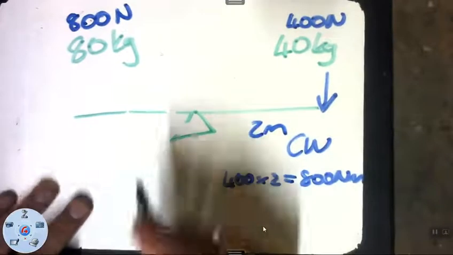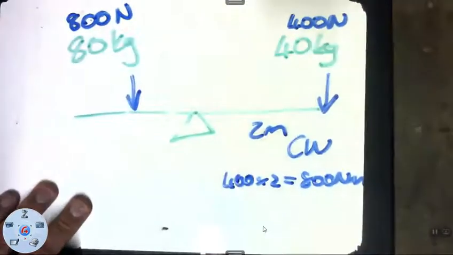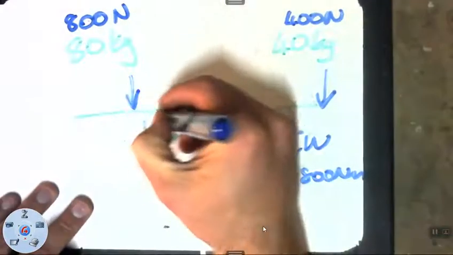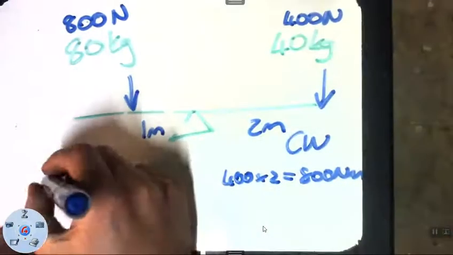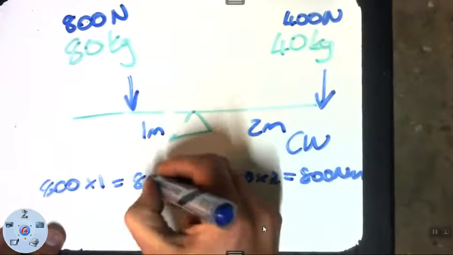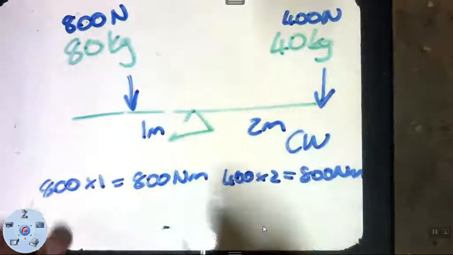So I put my brother or sister, which is heavier, 1 meter away, because 800 times 1 is also 800 Newton meters, and this is anti-clockwise.